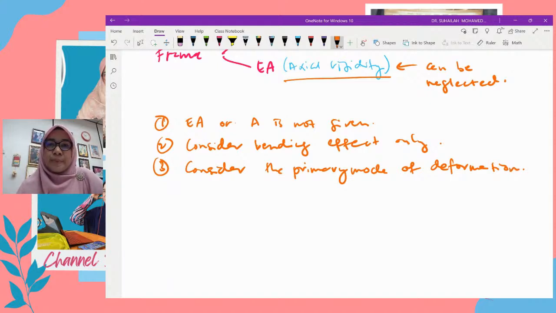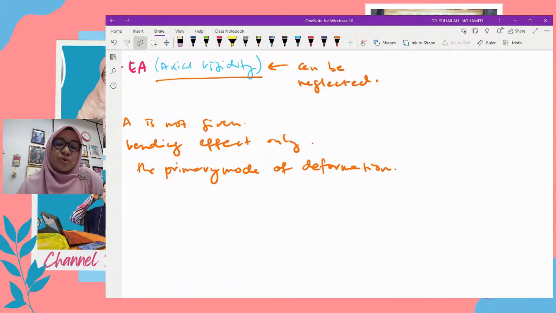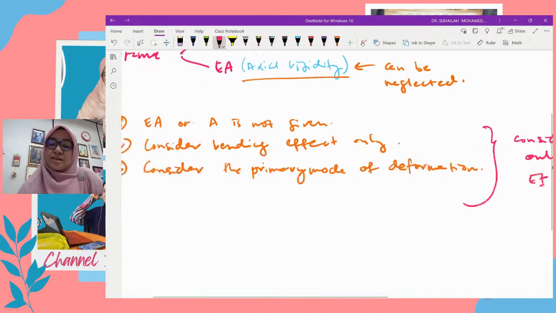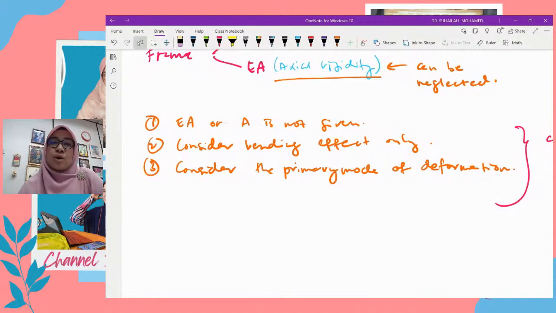In this case, we need to consider only EI in the analysis.